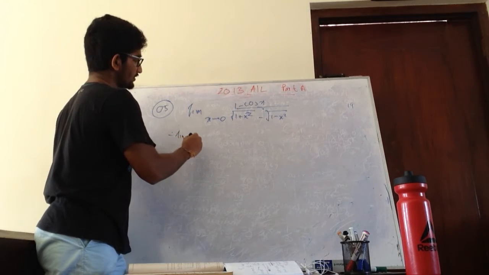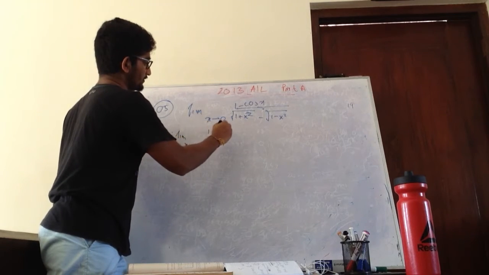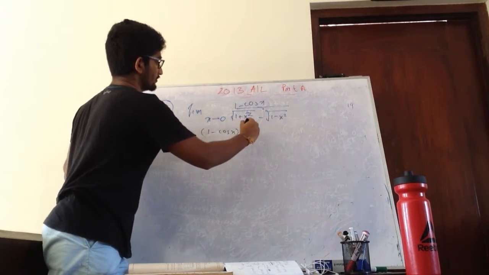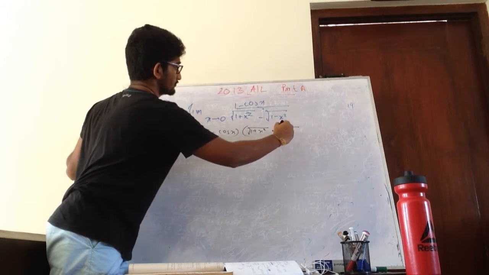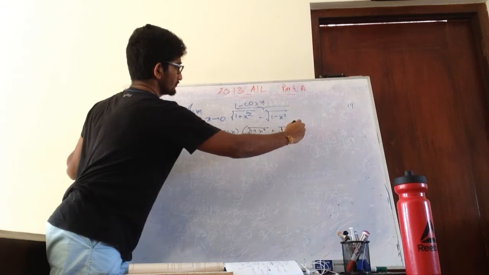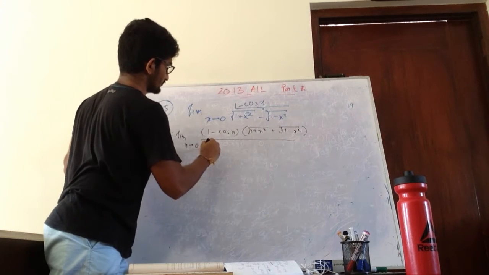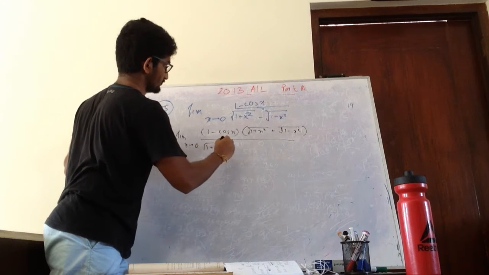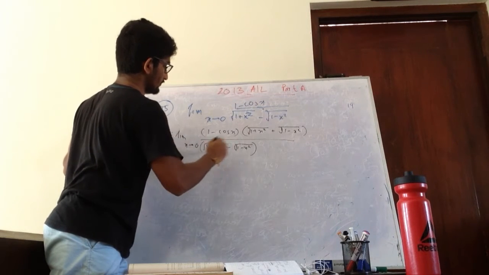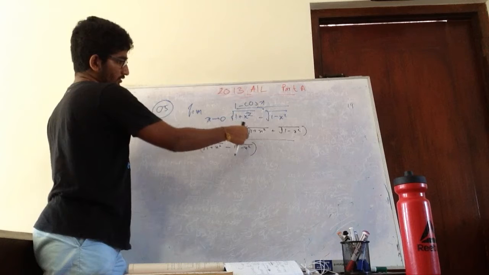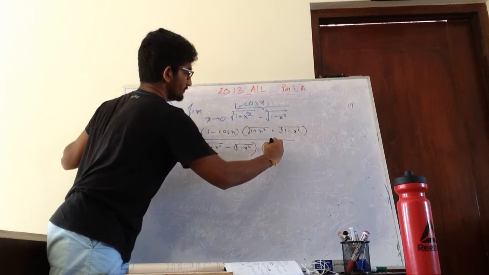Now, limit x goes to 0, 1 minus cos x. So I'm going to multiply this part on both sides.